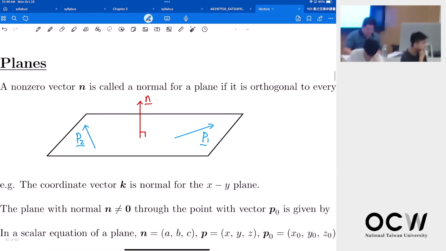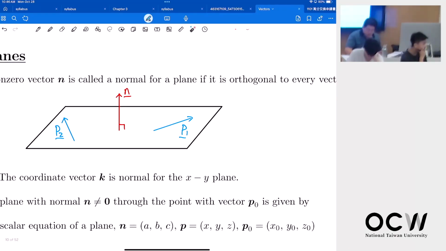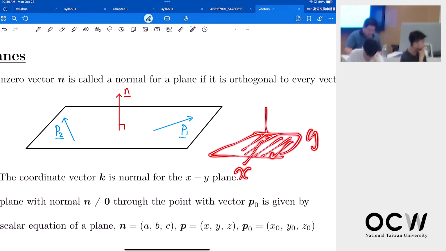The easier example is the vector k and the xy plane. This is the xy plane, and the coordinate vector k is perpendicular to every vector in the xy plane, right? So this is the normal vector to the xy plane.